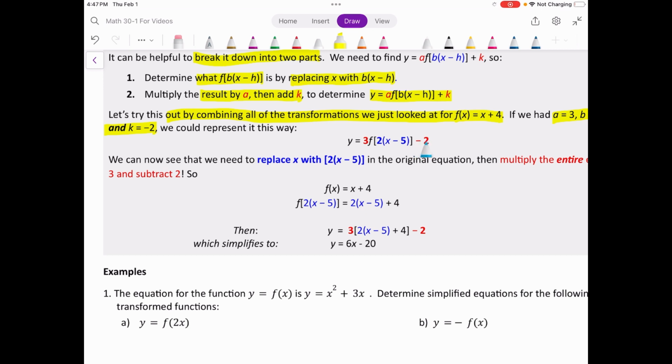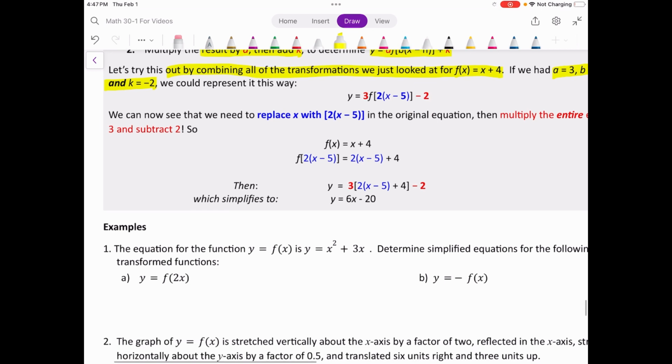So look at the instructions. Do you see what I mean? It's saying first, if you can figure out what f of 2x minus 5 is, you'll be on your way. So that's what I do first here. Let's replace x with 2 times x minus 5 in the original equation. Our original equation was f of x equals x plus 4.